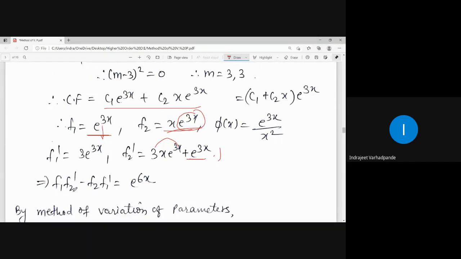F1 F2 dash minus F2 F1 dash. Cross multiply. So only e to the power 3x into e to the power 3x is left, and this is equal to e to the power 6x. Clear?